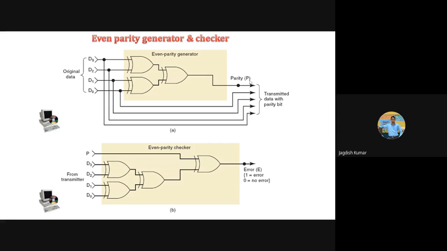Okay. Now suppose at the transmitter end we have an even parity generator, then this data travels through a channel. For example, in our mobile communication or online digital communication, I am speaking something here, and that voice is transformed to digital data with the help of an analog to digital converter and some software.